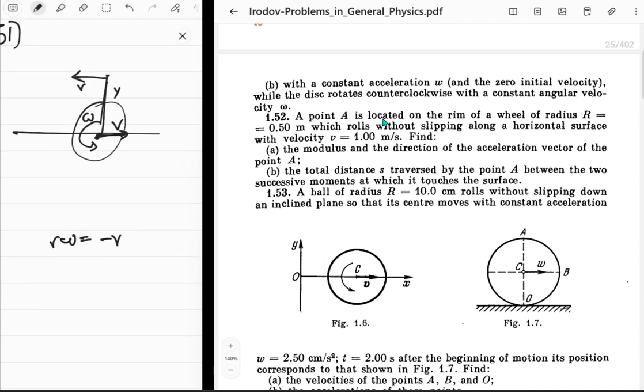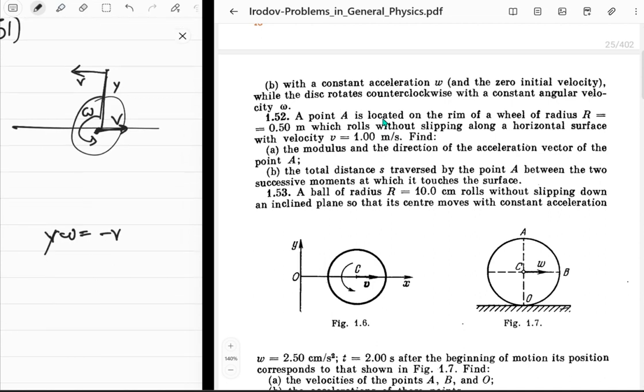But you have to think that y times omega should give us negative v. Uh-oh, no, it should be positive. Yeah, it should be positive.